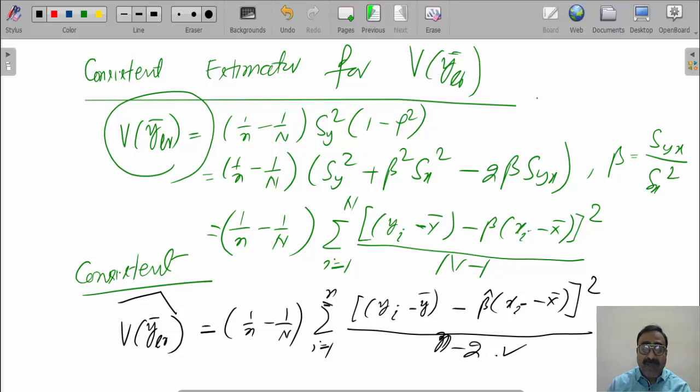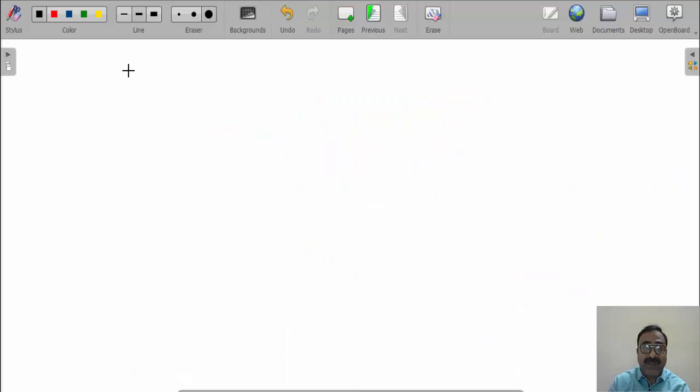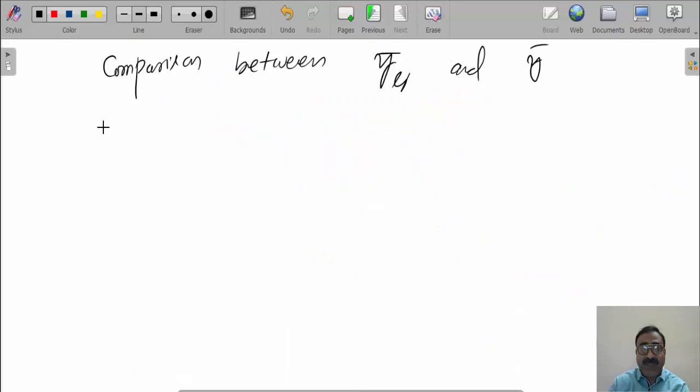Here we have written n minus 2 because we are estimating two constants, alpha and beta. In the regression estimator, as y equal to alpha plus beta x, it will lose 2 degrees of freedom.